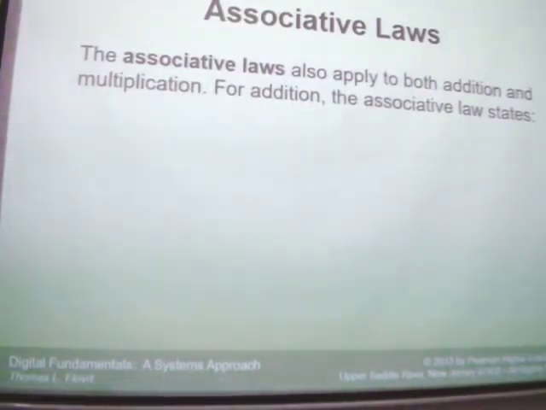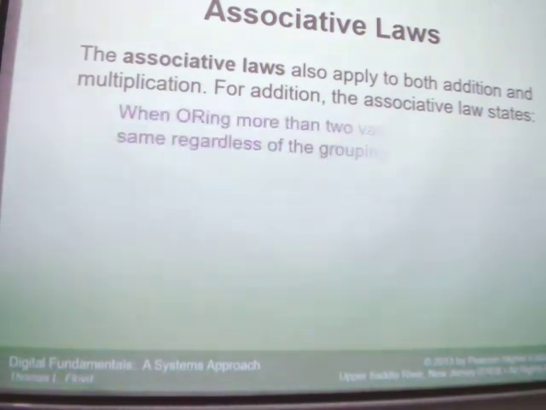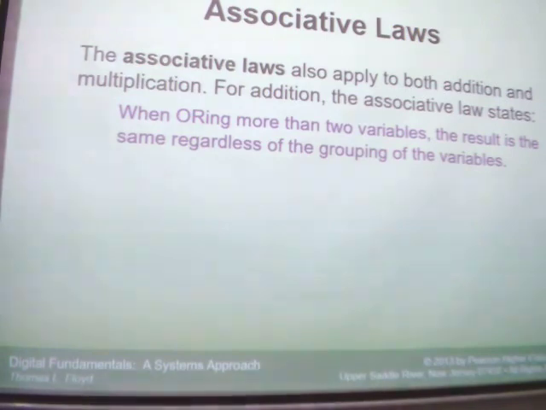Associative laws. The associative laws also apply to both addition and multiplication. For addition, the associative law states that when there are more than two variables, the result is the same regardless of the grouping of the variables.